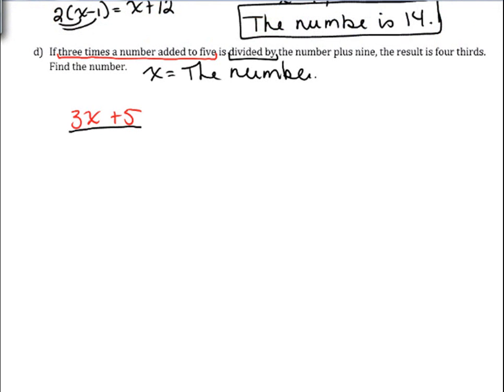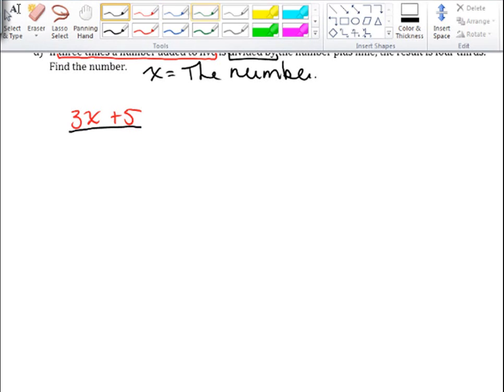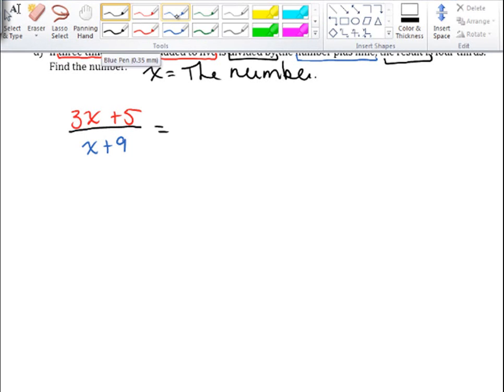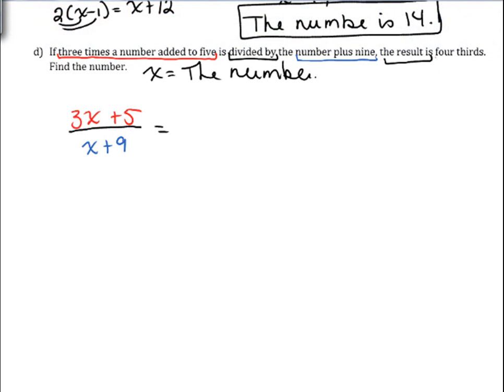And we're dividing by, so that's the division symbol. And the rest of it here is the number plus 9. So that would be x plus 9. And then it says the result is, that's your equal sign. And the rest of it is 4/3.